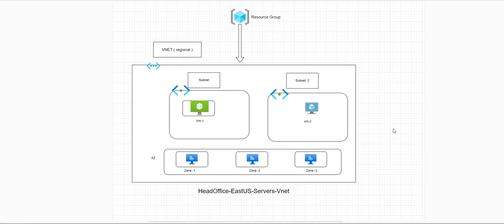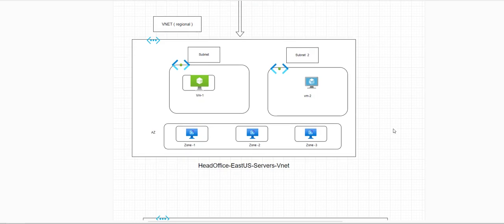So what we're going to do is usually rename these. We can rename, just like I mentioned here, the VNets. This one I call head office, and the region is US. So let's call it head office US servers VNet.